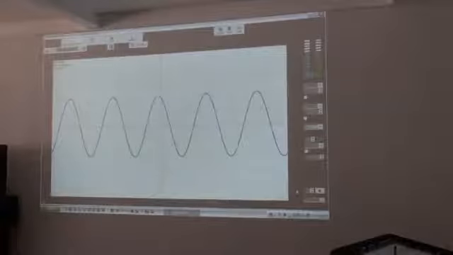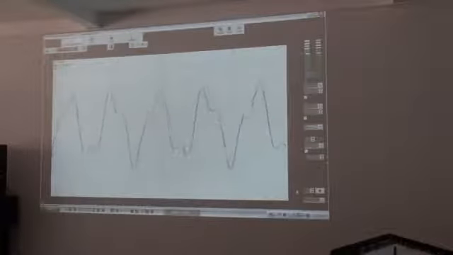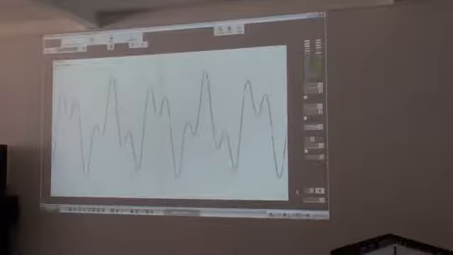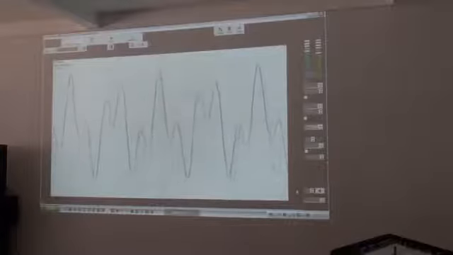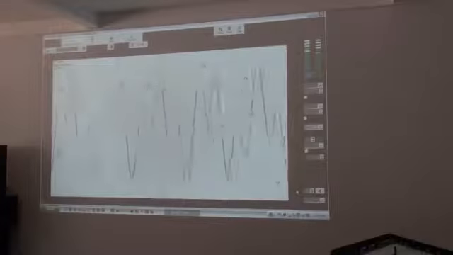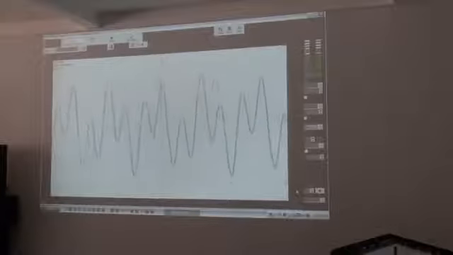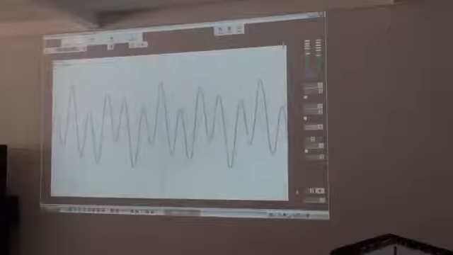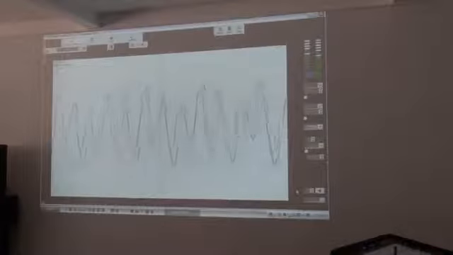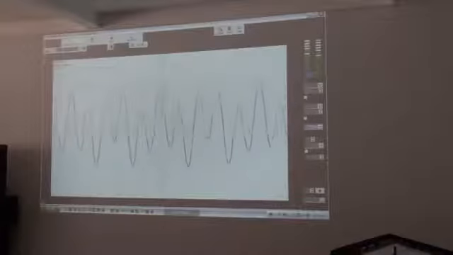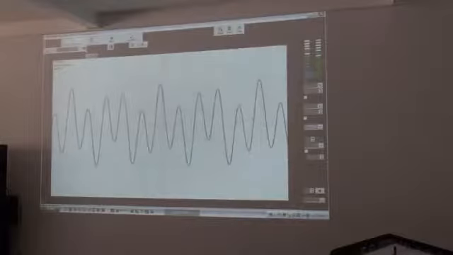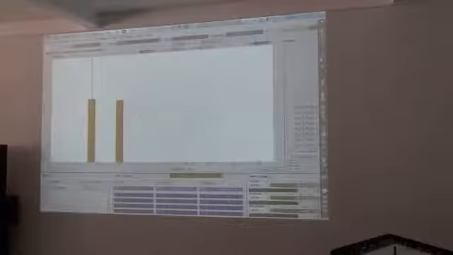I am increasing the level of the higher frequency, decreasing the level of the low frequency. Okay? So the oscilloscope also shows this. Anyway, the less precise one is the RTA.